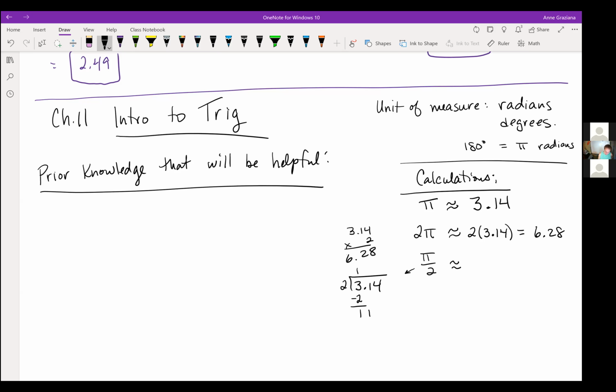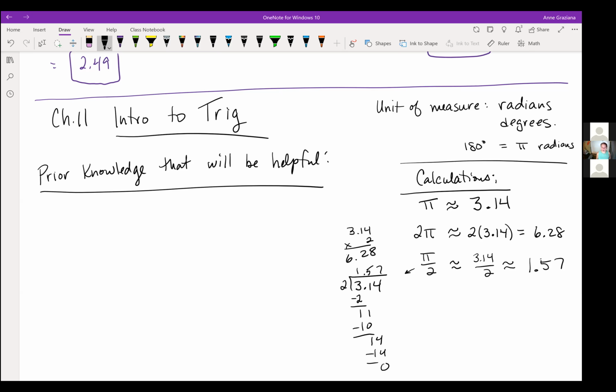Subtract, I get 1, 11. 2 goes in 5 times. And that's 10. And I get 14. And this is 7. So pi divided by 2 is basically 3.14 divided by 2, which is approximately 1.57. Are you guys with me so far?